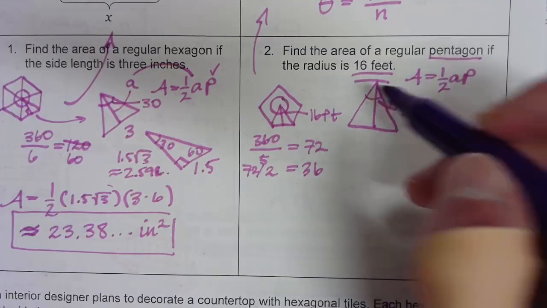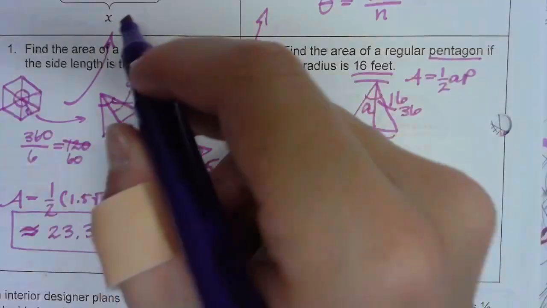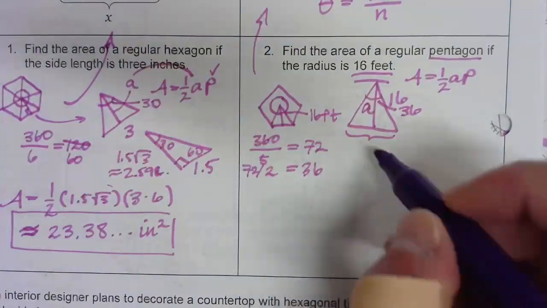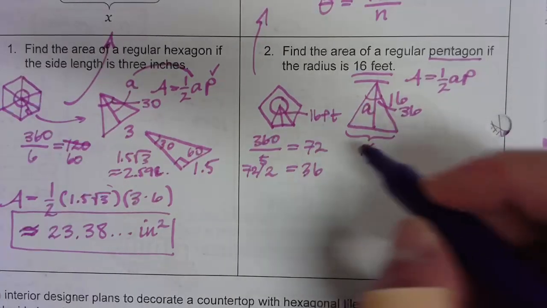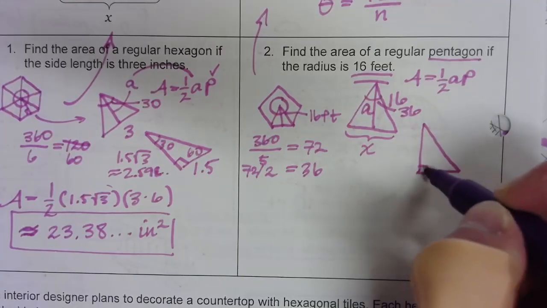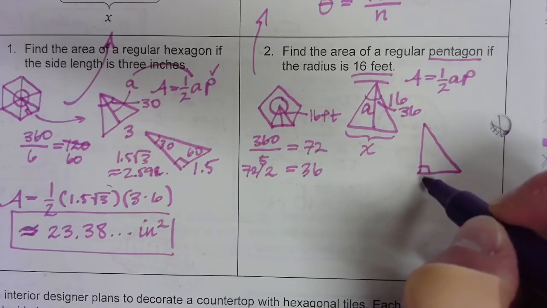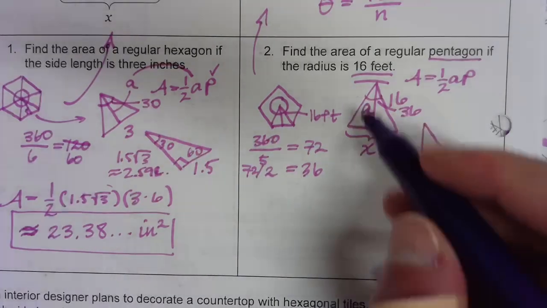And now I know 16, I want to know the apothem, and I would like to know the outside, which I've called x, but you don't have to. I mean, I'm going to call it x here just to see it. And then check this out. My triangle I'm interested in looks like this on that right-hand side. On the bottom, I have x over 2. Alrighty? X cut in half.